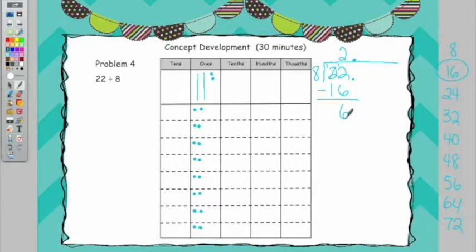So, as I'm getting ready to regroup, how many will I have to move over? 10. 6 of them! So here's how I'm going to show it. These are all used up, but I have 6 left over.